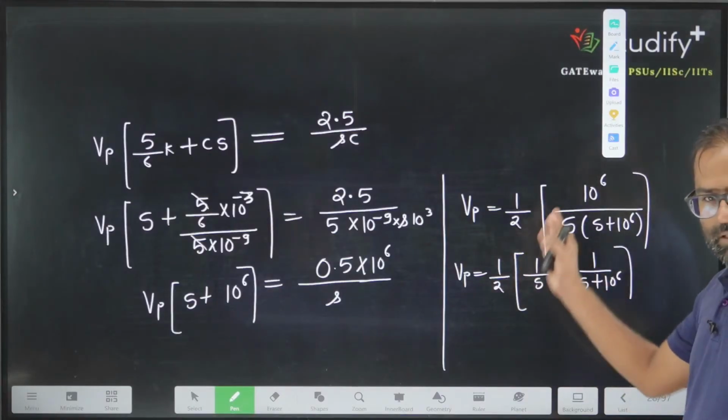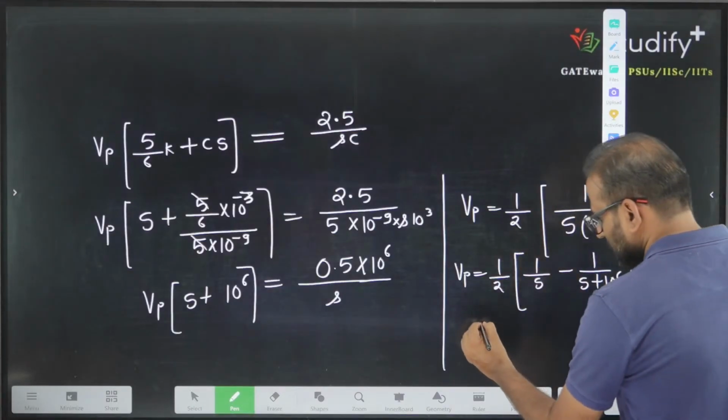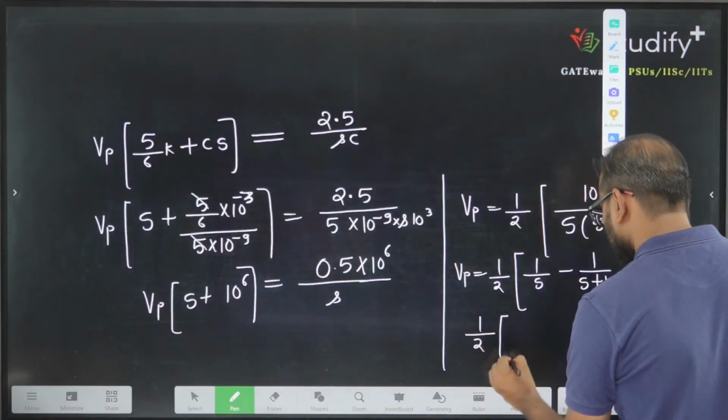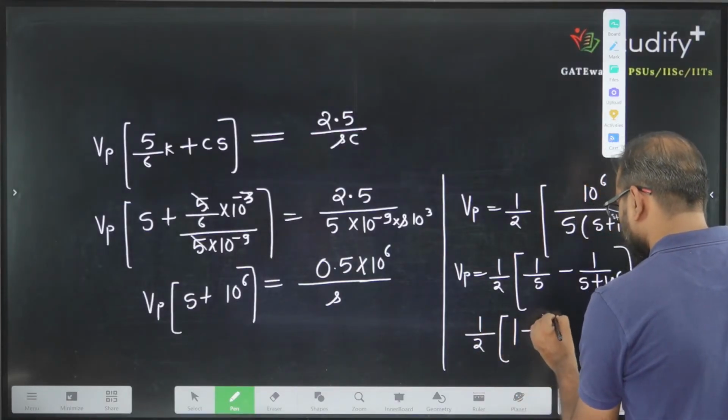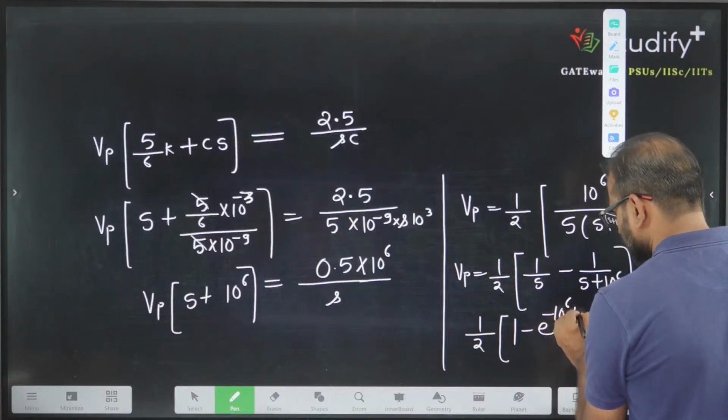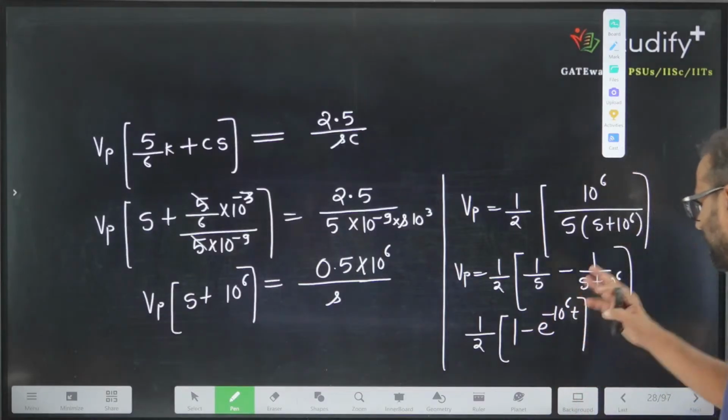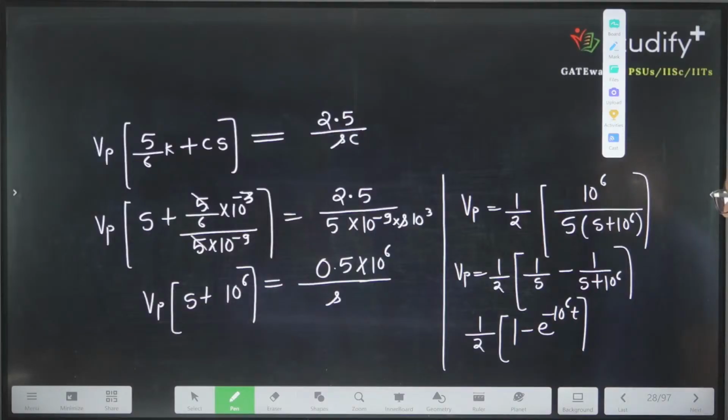So 10 raised to the power 6 is also available. So you can say this is 1 by 2, 1 minus e to the power minus of 10 raised to the power 6 t.